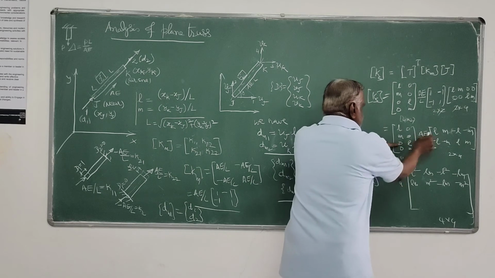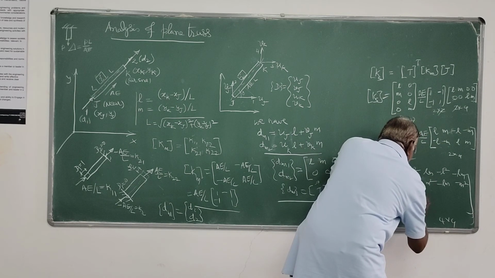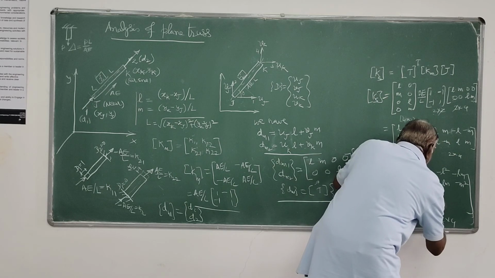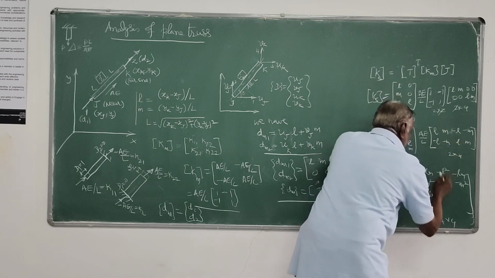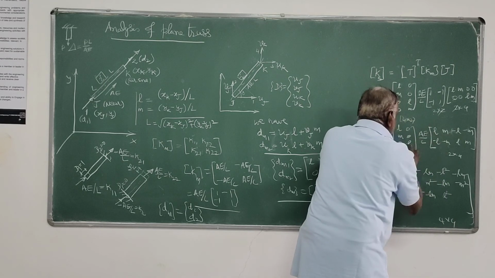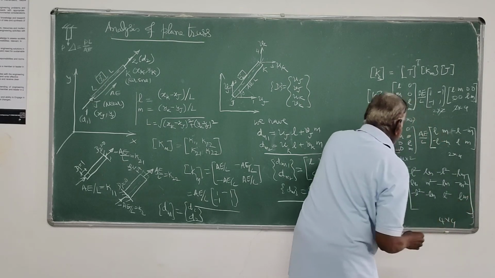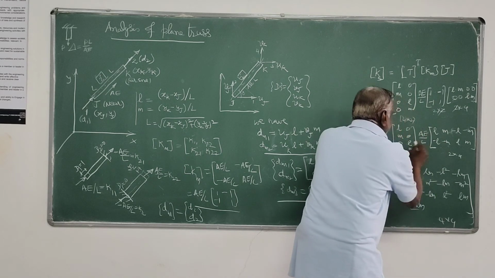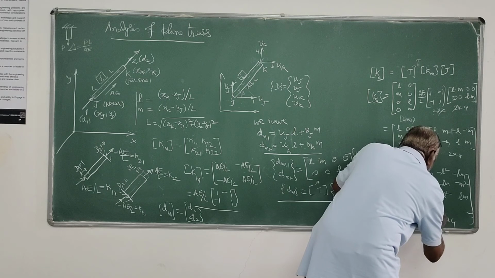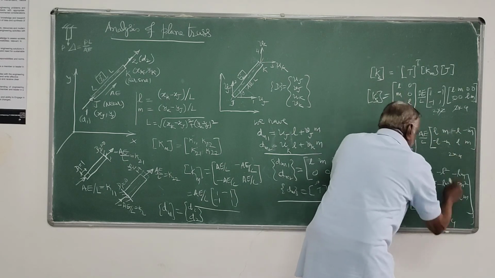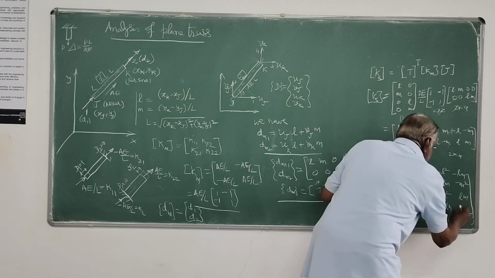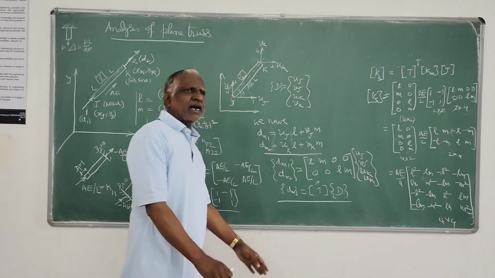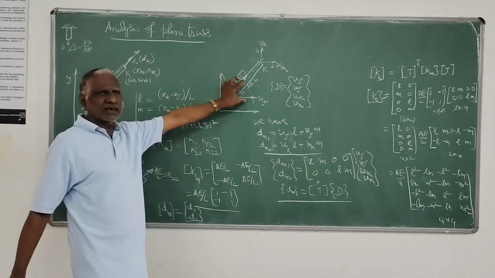Then this row: minus L square, minus LM, then L square, LM. Then lastly, minus LM, minus M square, LM, and lastly M square. This is your global stiffness matrix for a typical Truss element.